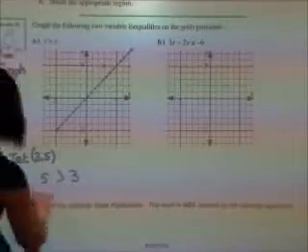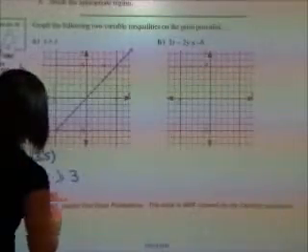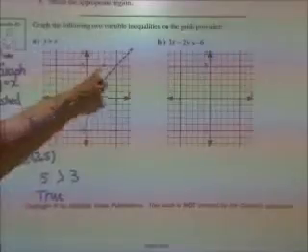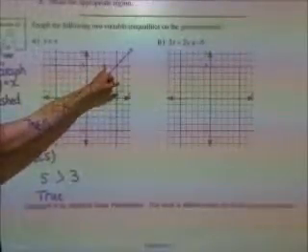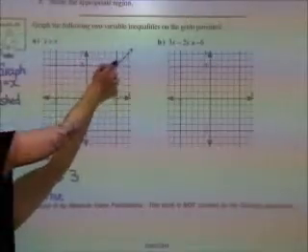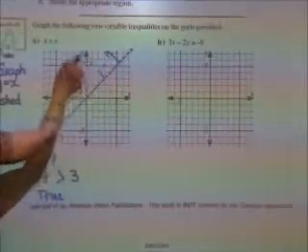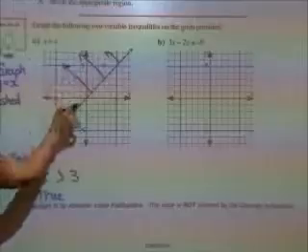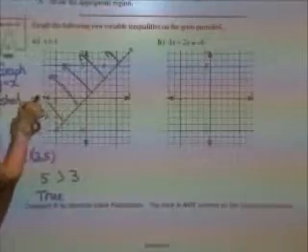This is true. So because it's true, it means that this point has to be in the solution region. So I would shade everything above it. And to show that shading, it's a series of arrows leading up from my graphed line, or even just a series of lines.